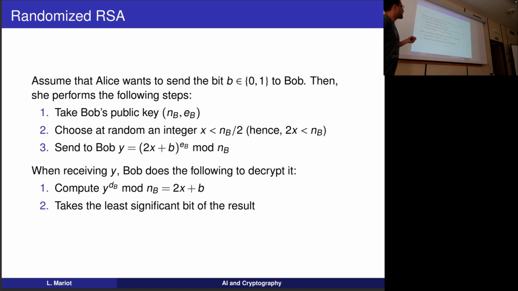So it will be twice x plus the initial secret bit b, raised to the power of the encryption exponent of Bob, modulo the RSA modulus. What does it mean? Well, since we are doubling this random value x, we know that its binary encoding will have a 0 in its least significant bit.